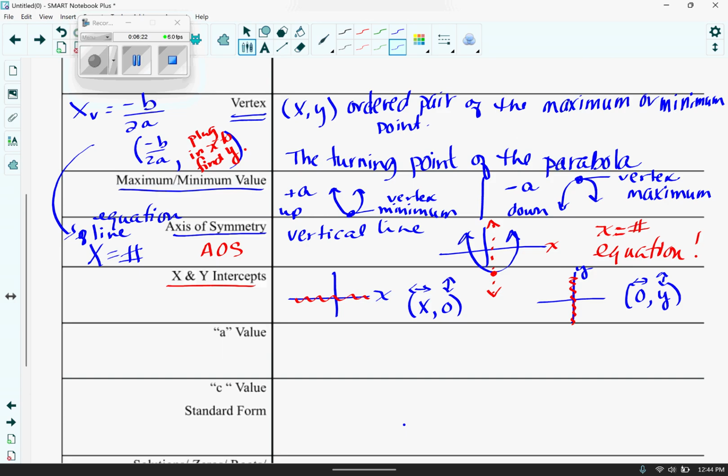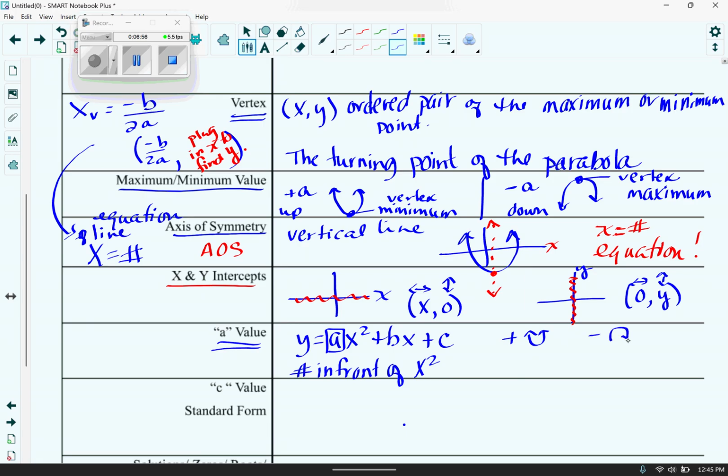Which then brings me to my a value. When I have y equals ax squared plus bx plus c, I'm talking about the number in front of the x squared. If there's nothing there, it's a 1, okay? So that a value, positive, it says it opens up.